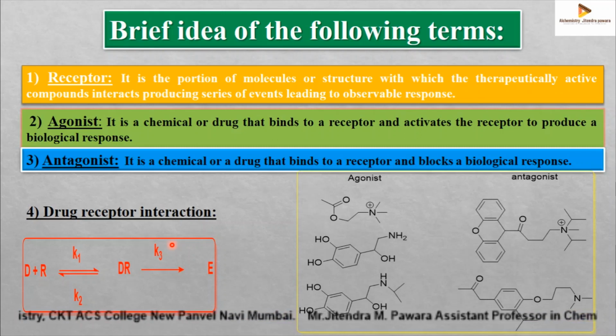The interaction involves the formation of drug receptor complex and the resultant response or effect. Here D is drug, R is receptor, and DR is the drug receptor complex, where E is the biological response, and K1, K2, K3 are the rate constants for absorption, desorption from the receptor site, and the production of receptor effect respectively.